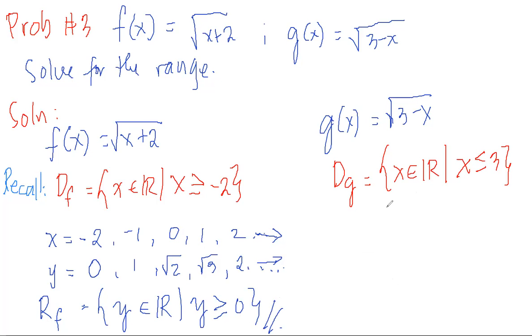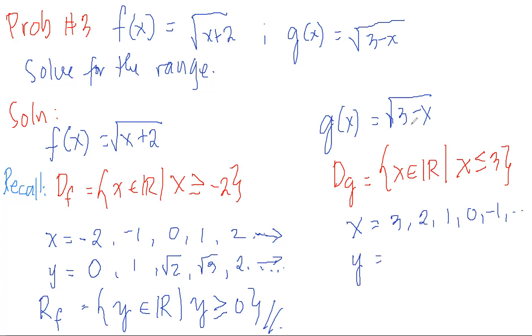Here we're going to do the same approach as what we've done in finding the range of f of x. So let's consider the values of x here. The maximum value of x is 3. We can consider 2, 1, 0, -1, and so on.